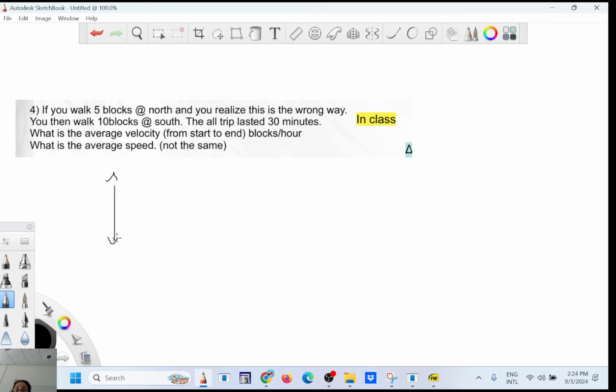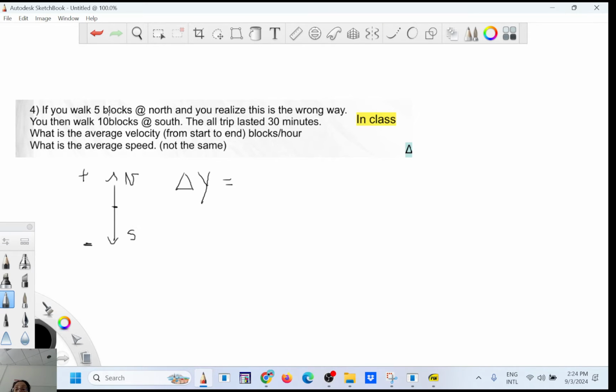So first of all, I'm going to say north here, this is south, this is plus here, and this is minus. Okay, I'm going to define displacement here as delta y, because it's up and down. So the total displacement is going to be what?